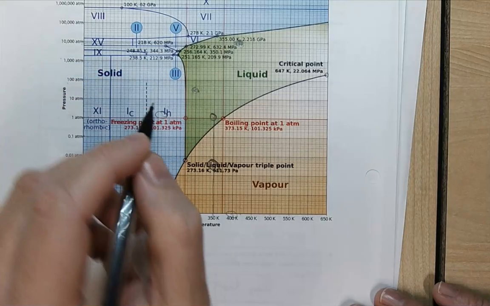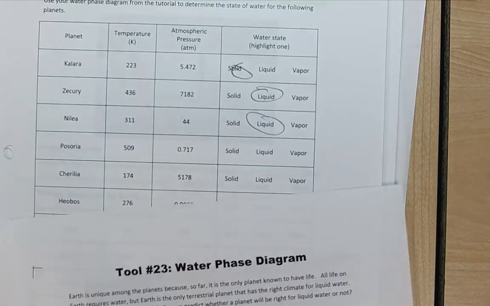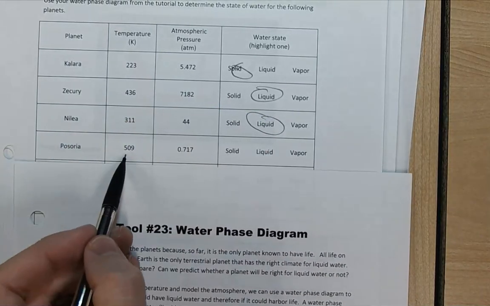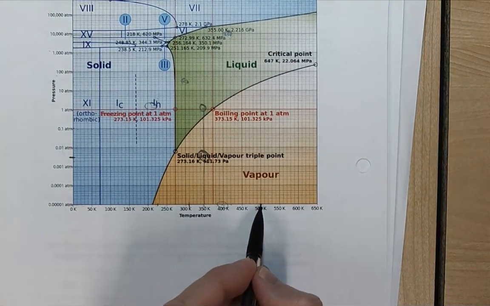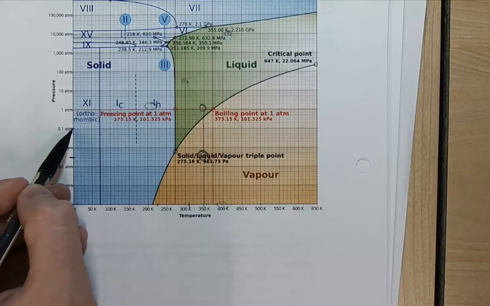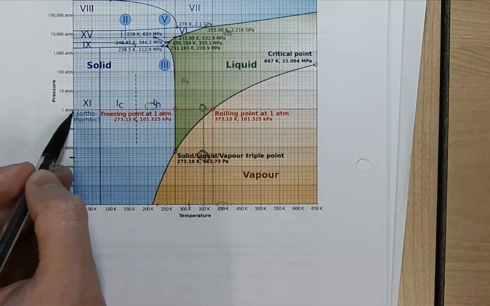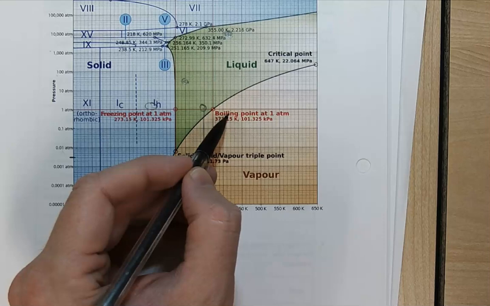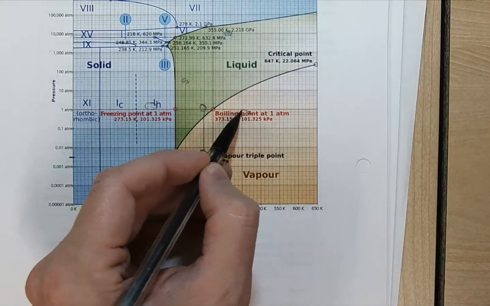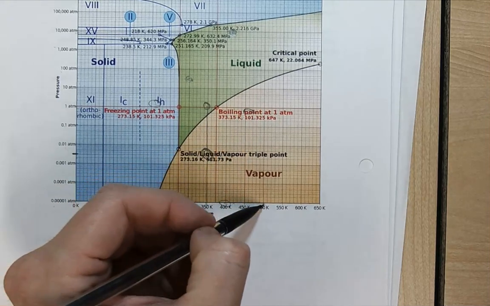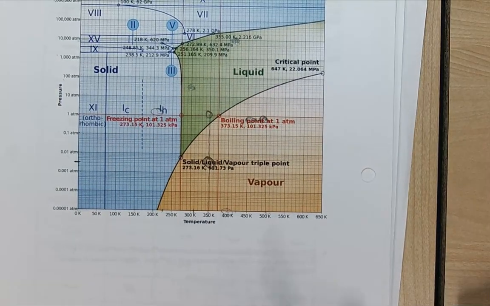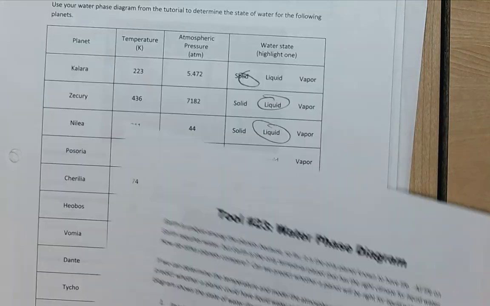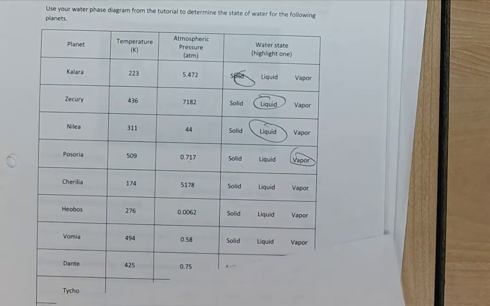Yep, that's liquid. 500 Kelvin, 0.7 atmospheres. When I say 500, oh, it's more like over here. Still, that is hot. That is boiled. That is vapor.